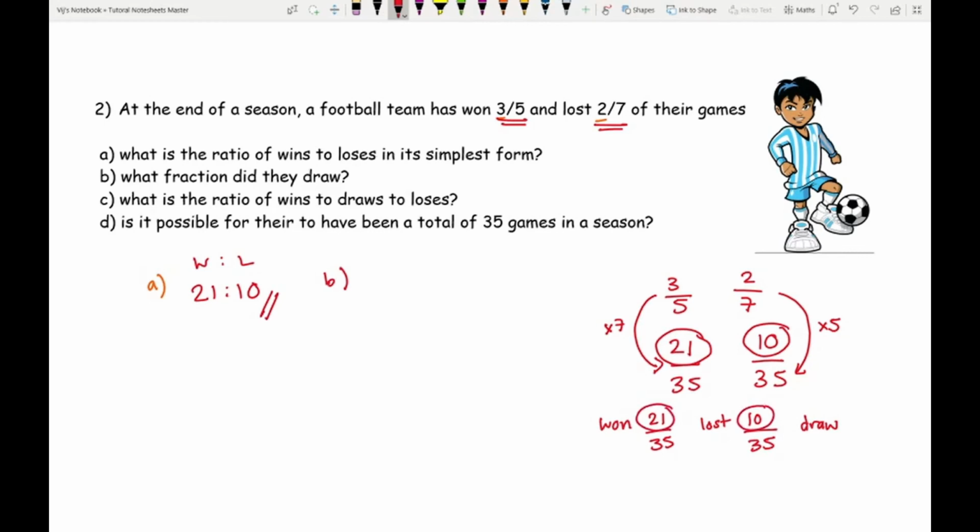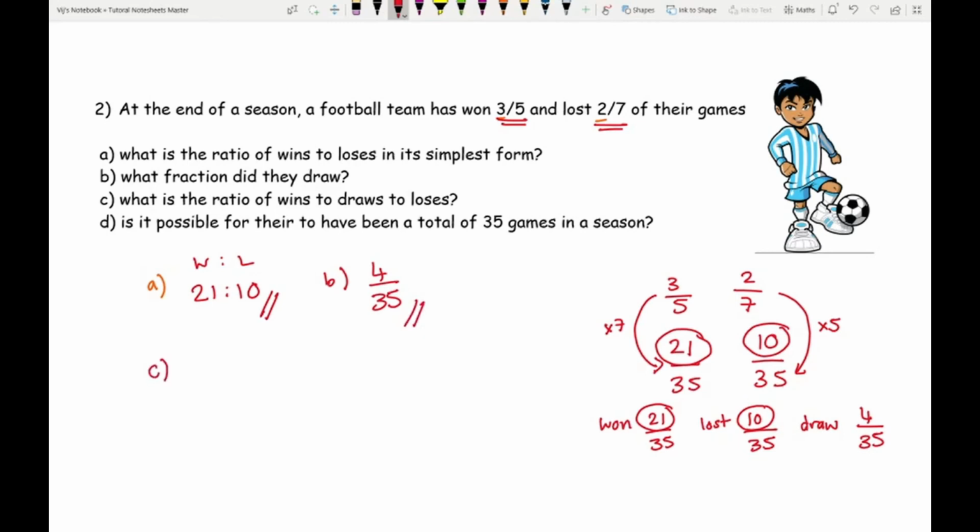If I add these two numbers up I get 31, so out of 35 there's going to be 4 games left, so it's going to be 4 out of 35. So the fraction there is 4/35. Can I simplify that fraction? No I can't, so that is my final answer.